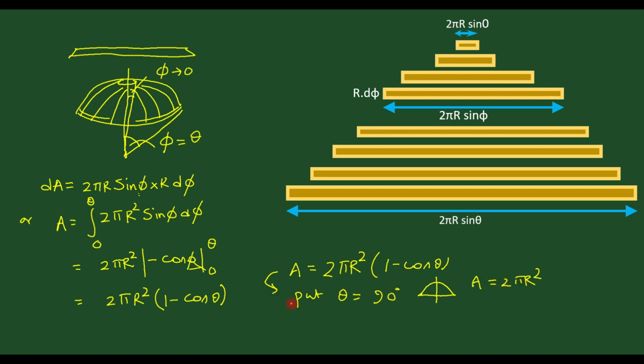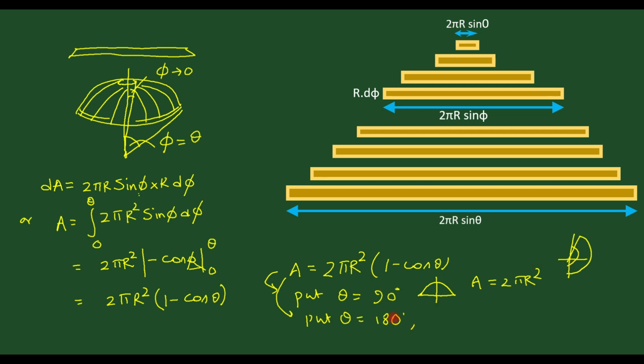Now again put theta equal to 180 degrees. We are measuring theta from this line, and 180 degrees means you are considering the whole sphere.